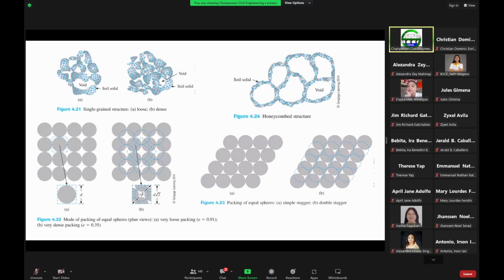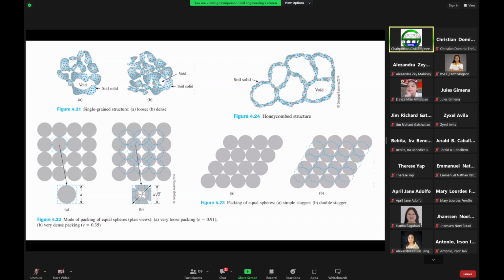To understand these different values, we consider the mode of packing of equal spheres. Take note, this is in plan view. You can imagine you have spheres on a table, and you're looking from above.